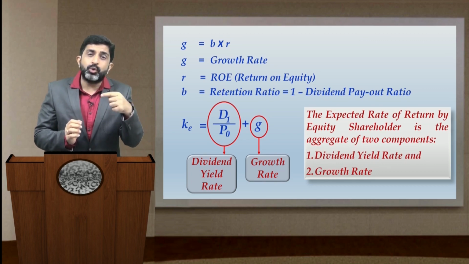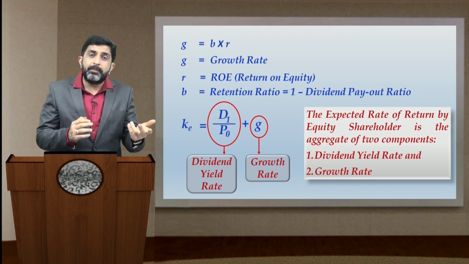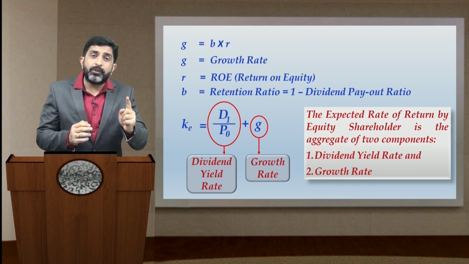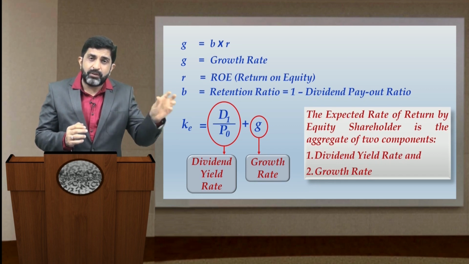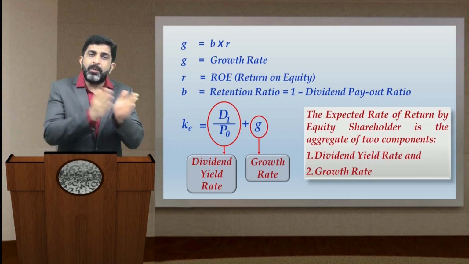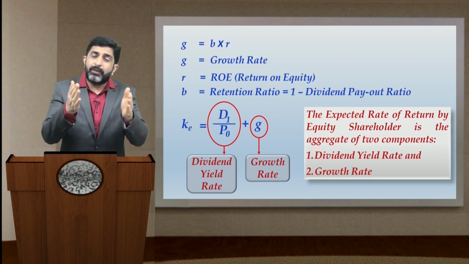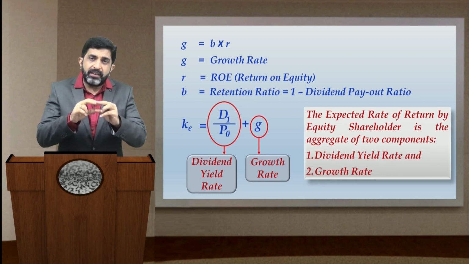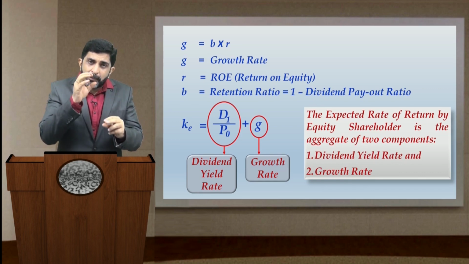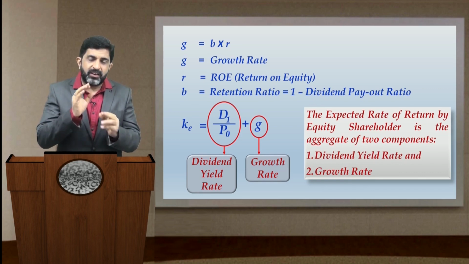Whatever the rate of return on equity, that is ROE, it is, 0 multiplied by that, the whole growth rate will become 0. That is why, to have some growth rate, the company must retain a portion of its earnings.